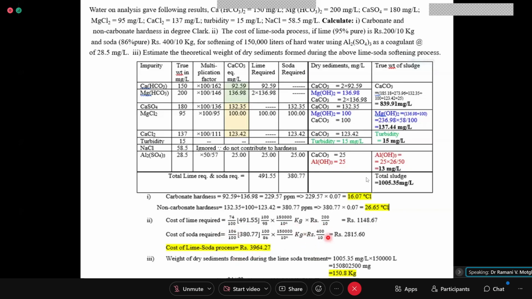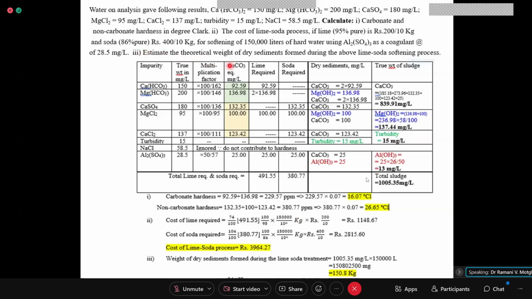Now for calculating cost, rupees 400 per 10 kg. So you get 2,815 rupees for soda. So the total cost of lime soda process becomes 3,964.27 rupees.